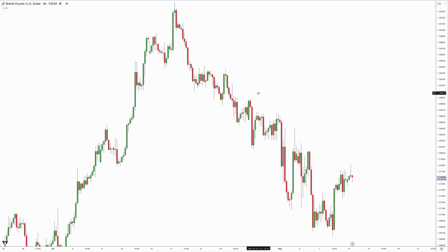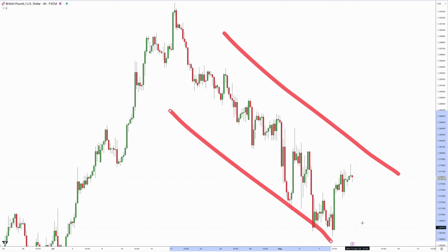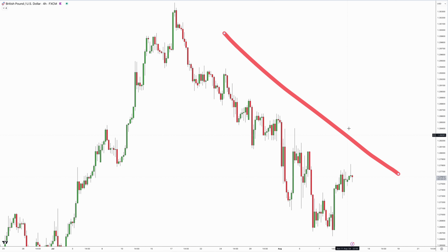Again, we're on the 4-hour time frame. It doesn't matter what time frame you're on, the structure is the structure, and it's dictated by these things. So we have here in this channel a very simple bearish trend. When we have a bearish trend, we simply have lower lows and lower highs.